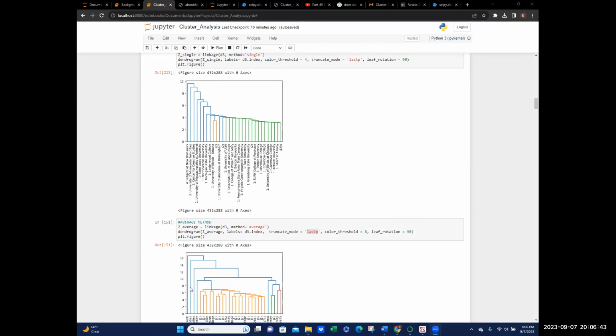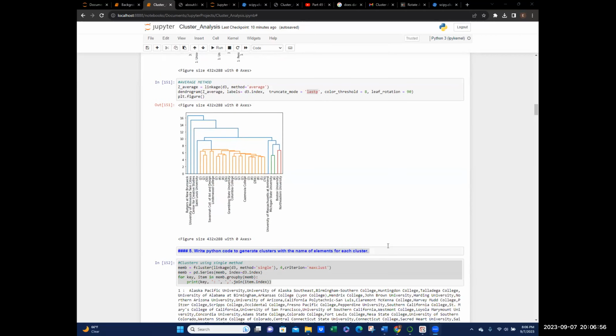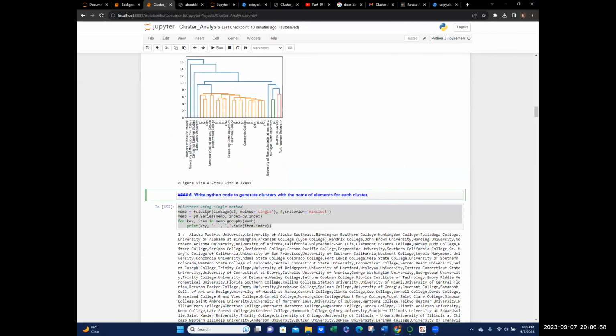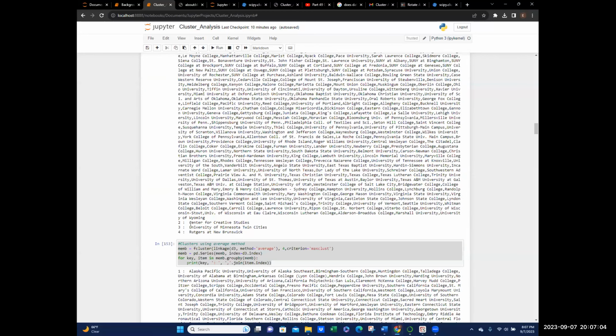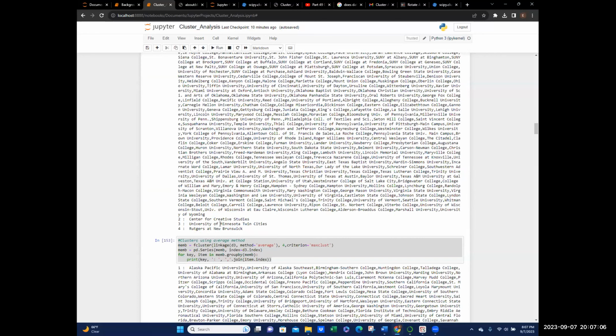I put in what I thought was right around the midpoint. So this one, the cutoff threshold is 8, so that gives me 4 clusters, and I explained that down there. And then I changed this code right here to do 4 clusters, and then you just see a huge list of all the colleges, and then these 3 in their own little cluster.